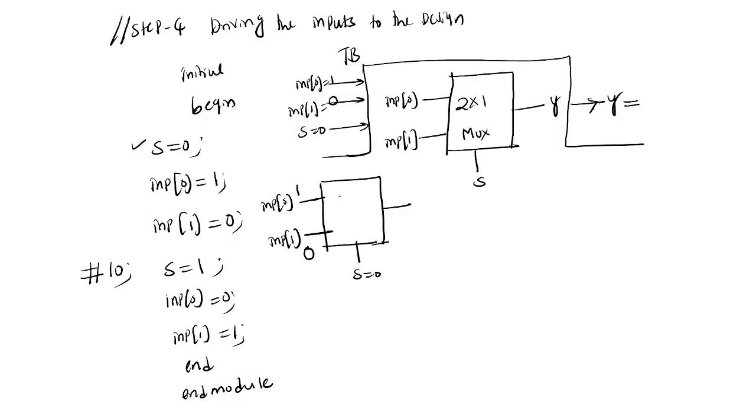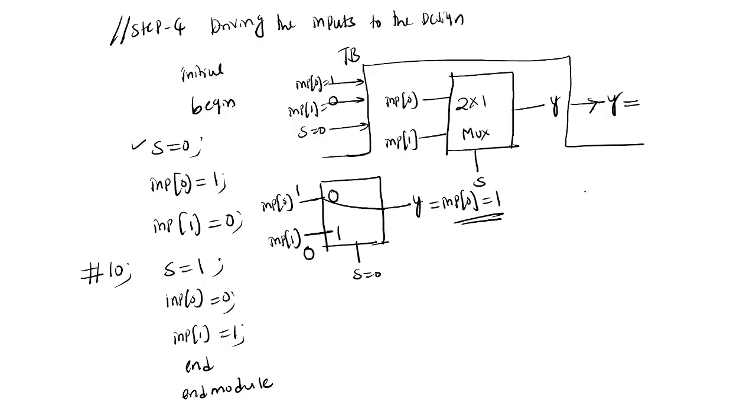Here I have given 0, 0, 1. So that means INP 0 is connected, no? So you are getting y equal to INP 0, that is 1. We can see in the simulation. Okay, na?